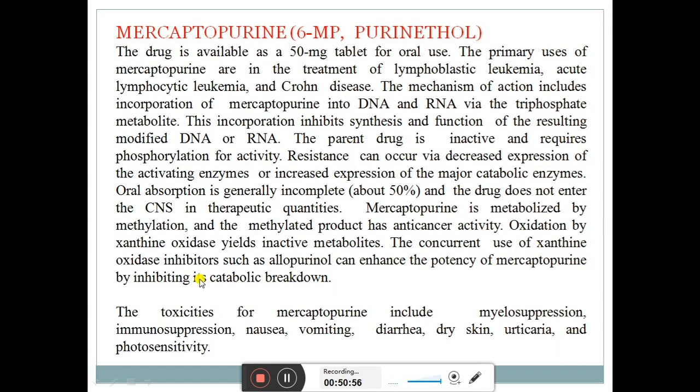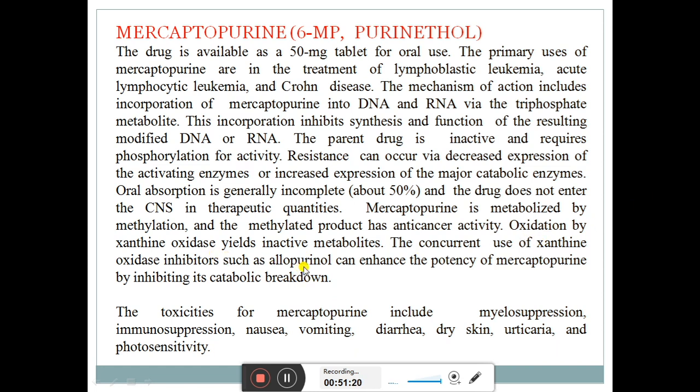When xanthine oxidase inhibitors are given in combination with mercaptopurine, they inhibit the xanthine oxidase enzyme and prevent the metabolism of mercaptopurine by the oxidation pathway. So what is a xanthine oxidase inhibitor?